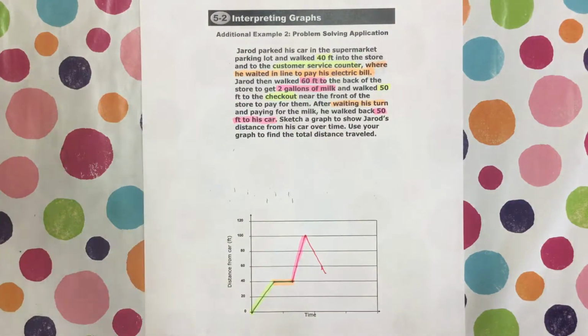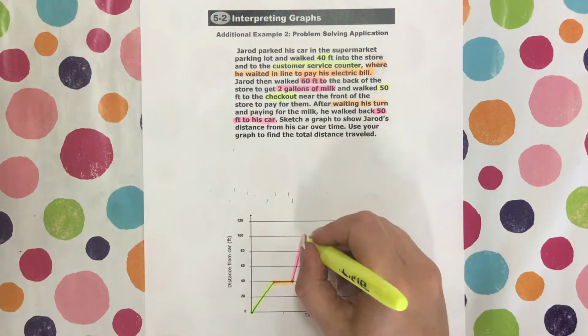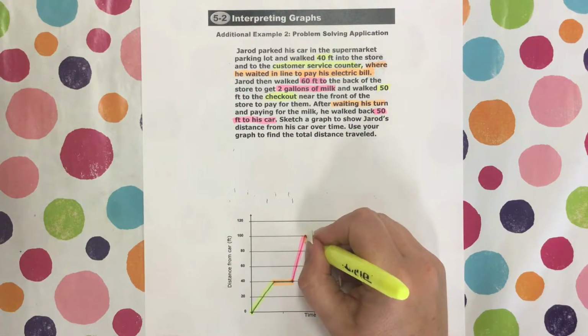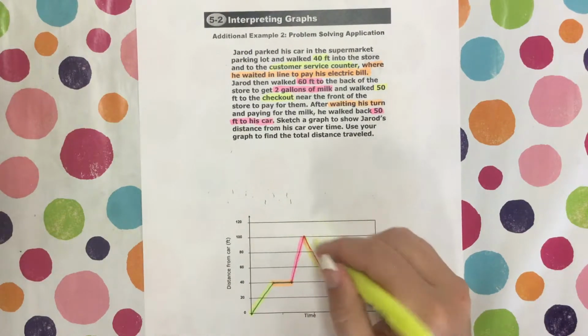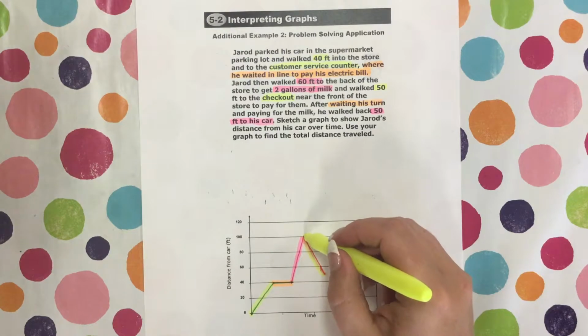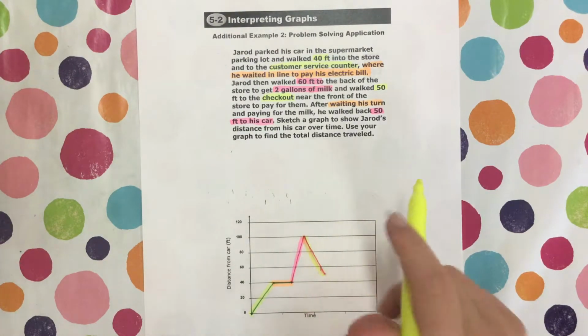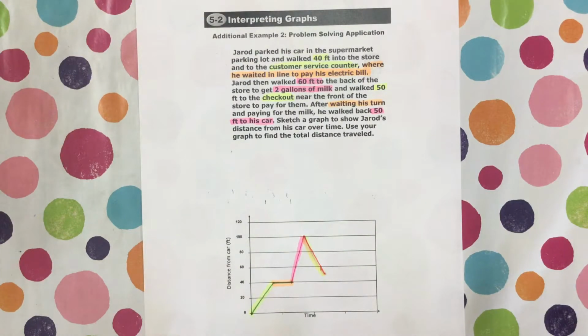So that would represent 50 feet to the checkout towards the front of the store. So after he got his milk, he's going back towards the front of the store, in the direction back to his car. That means the distance away from the car would be getting smaller. So if this was 60, now he's 50 feet away from his car.